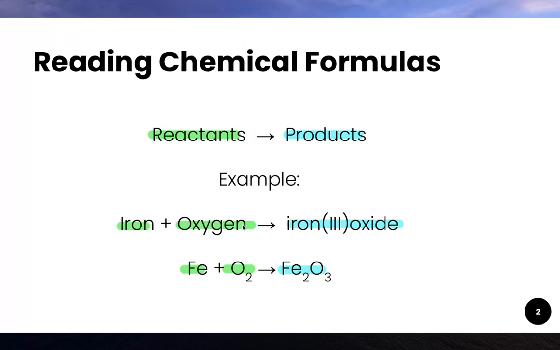Okay, so we have a couple different examples of different types of reactants and products down here at the bottom. We have two elements, iron and oxygen, who react together to form a molecule. Okay, so iron is all by itself, and oxygen actually has this little tube below it.